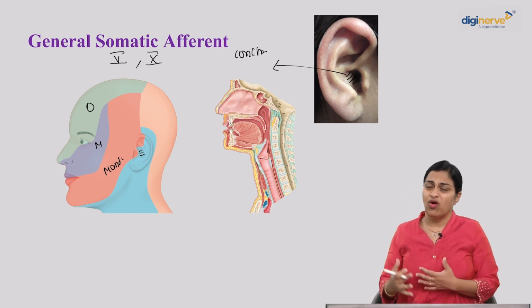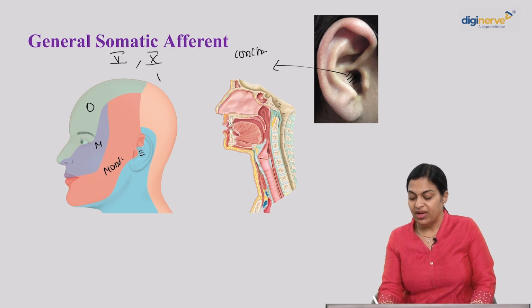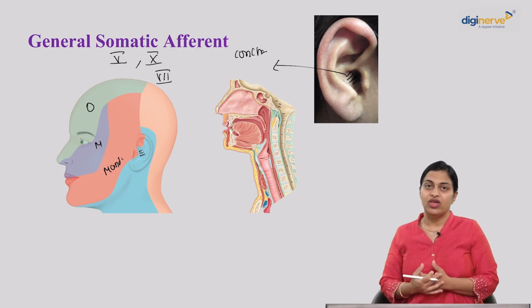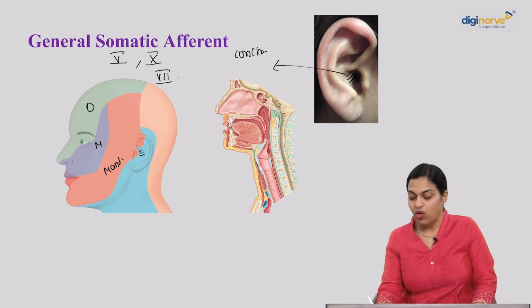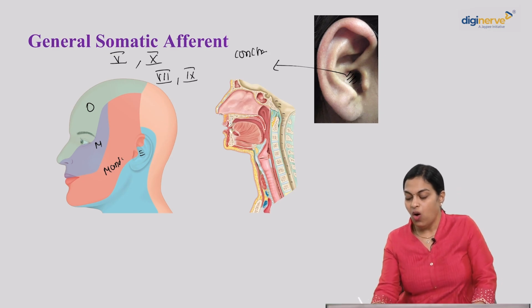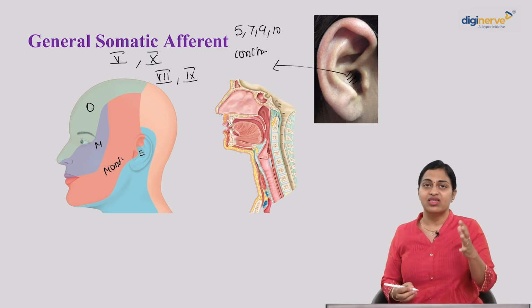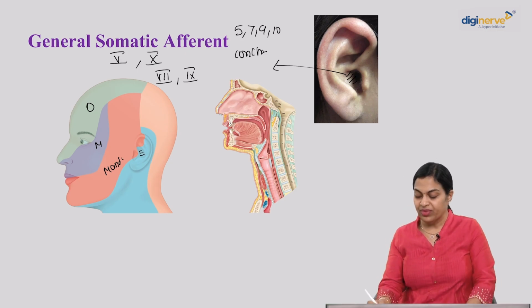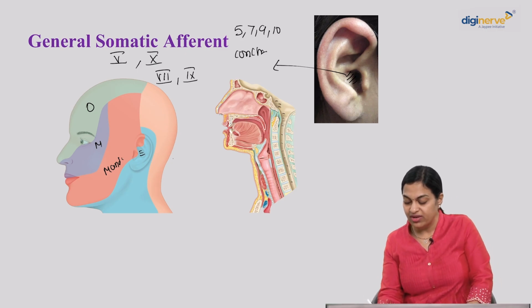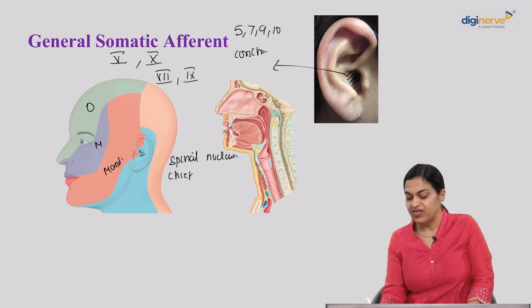The 7th nerve will not have any cutaneous branch, but it will have some indirect communication with this branch of the vagus supplying the concha. And also the 9th nerve. All this 5, 7, 9, 10 will come under general somatic afferent column. And the nucleus for the trigeminal nerve will be the spinal nucleus of the trigeminal nerve, the chief sensory nucleus and the mesencephalic nucleus.